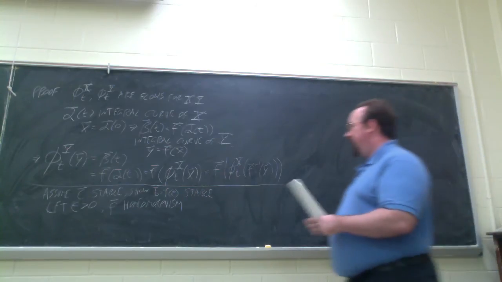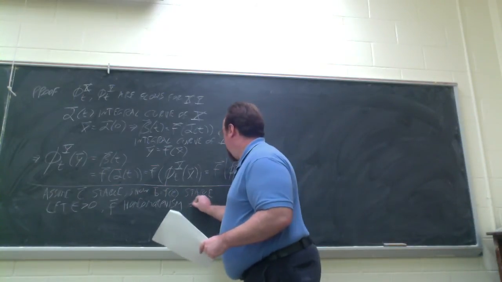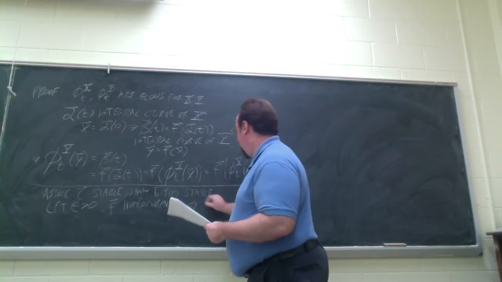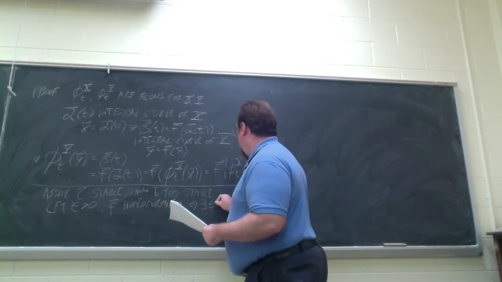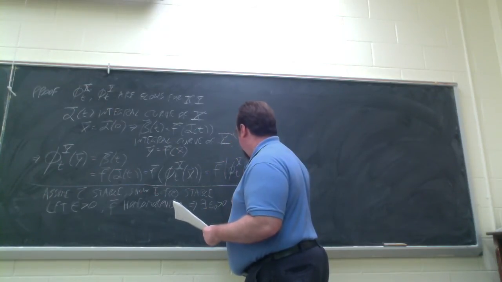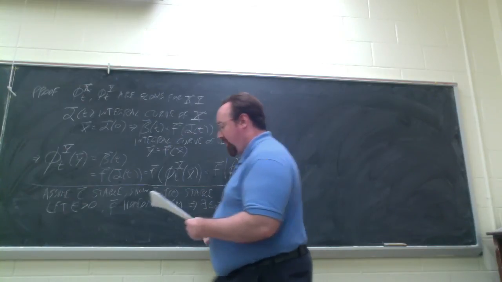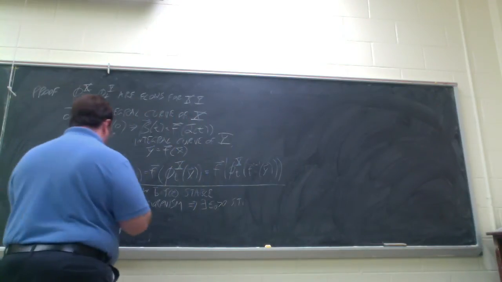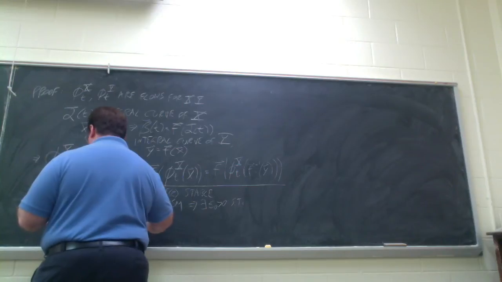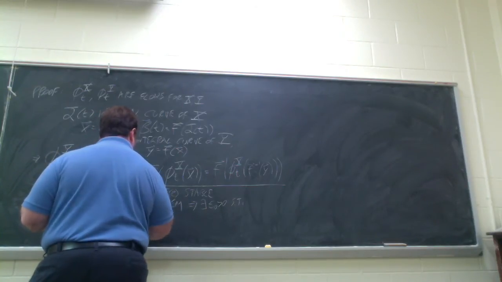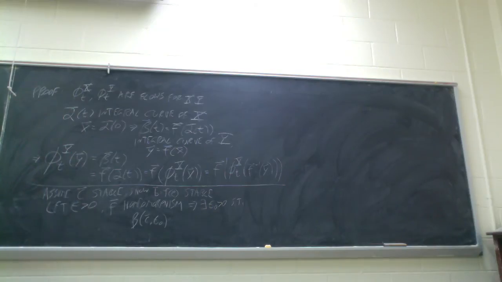So what that means is there exists some epsilon naught greater than 0 such that we have this relationship: if we take a ball around C of radius epsilon naught, and you can think of epsilon naught as kind of playing the role of a delta. I'm not calling it delta because I need delta somewhere else.